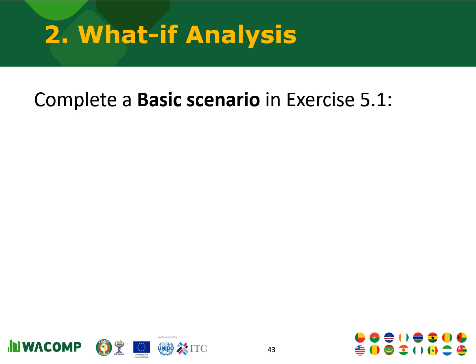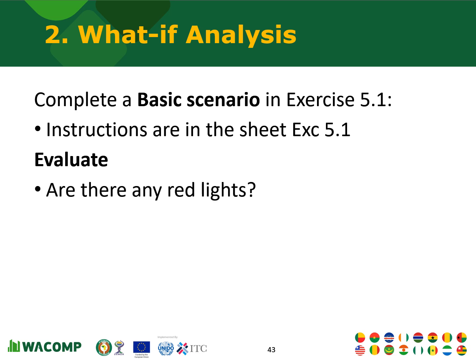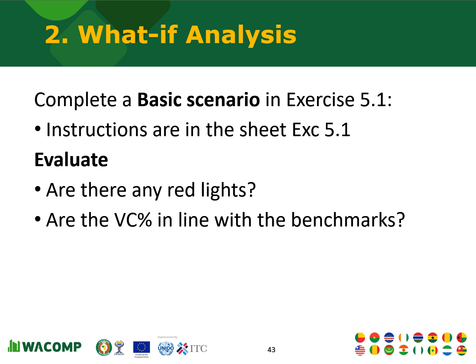In exercise 5.1, you complete the basic scenario with the assumptions as you know them. There are 7 instructions in sheet exercise 5.1. Evaluate. Are there any red lights, or orange for that matter? Is the VC structure in line with the benchmarks that I've given you before?